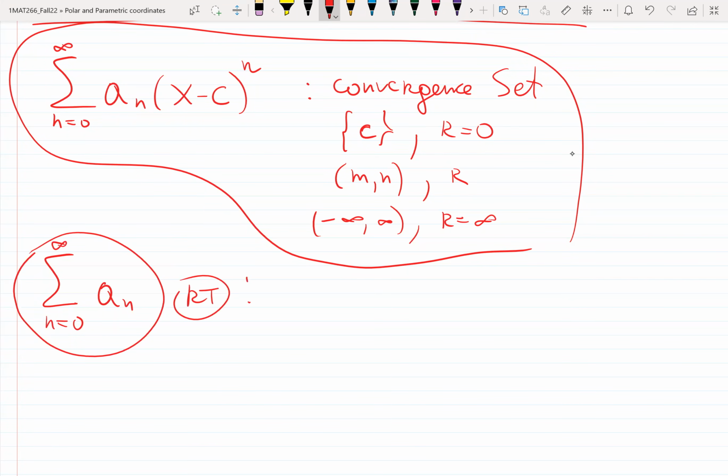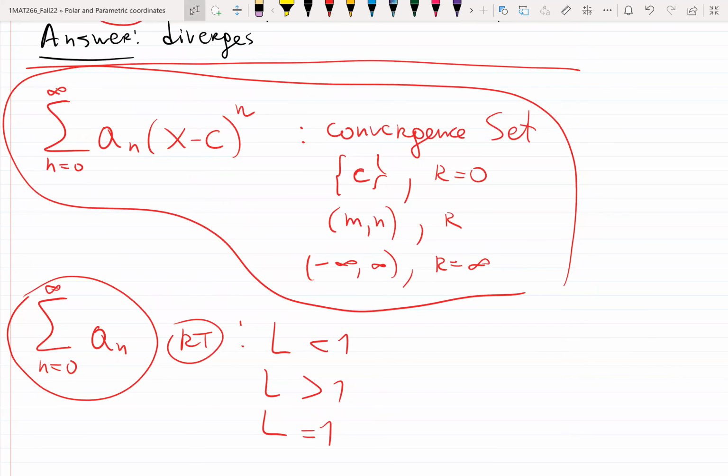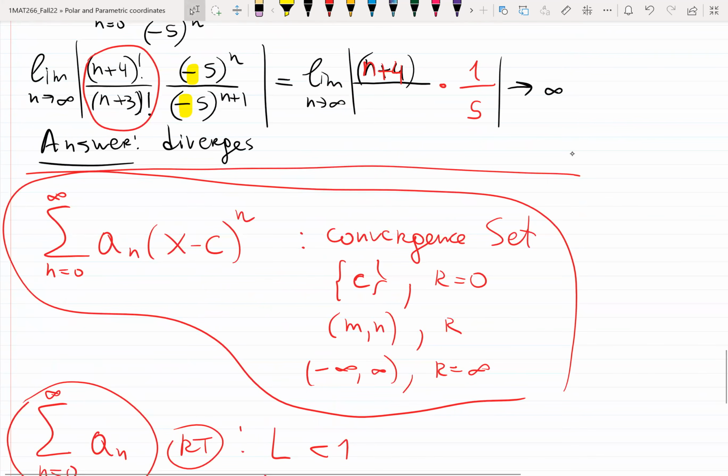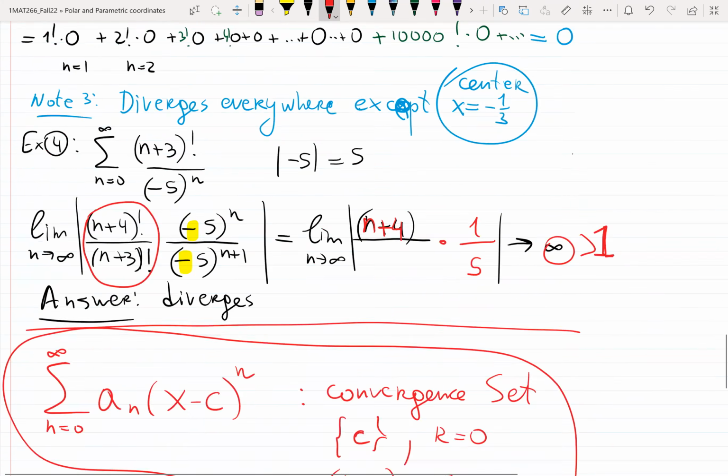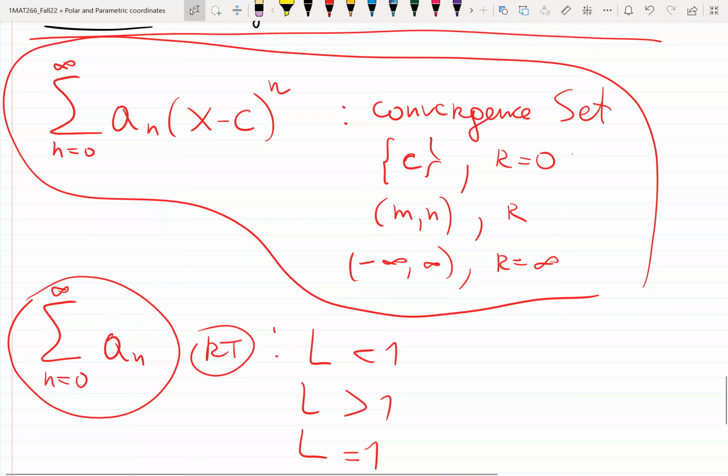The ratio test gives you L less than 1, greater than 1, or equal to 1. That's how my review started also. I did it without x, and then I involved x. That is the difference. Either you have a final answer, infinity is greater than 1, so the answer follows, or you use this knowledge of the ratio test to find the interval. Solve for the absolute value less than 1. That's what we do.